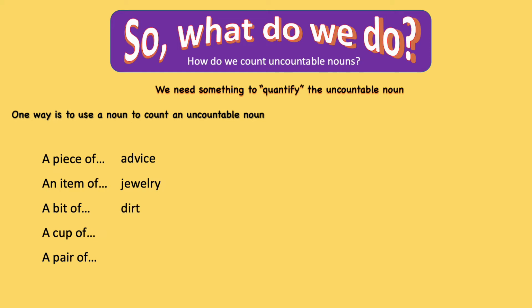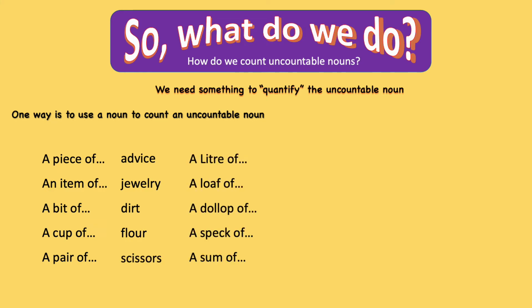How about a cup of flour, a pair of scissors, or maybe a litre of milk, maybe a loaf of bread, a dollop of jam, a speck of dust, a sum of money.